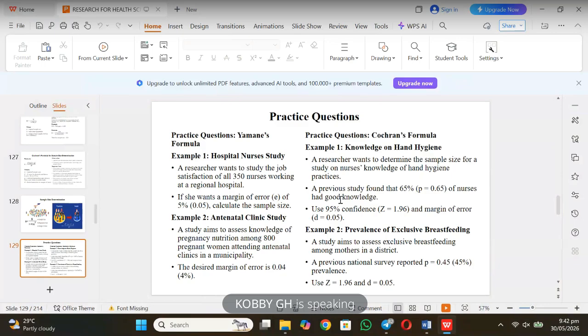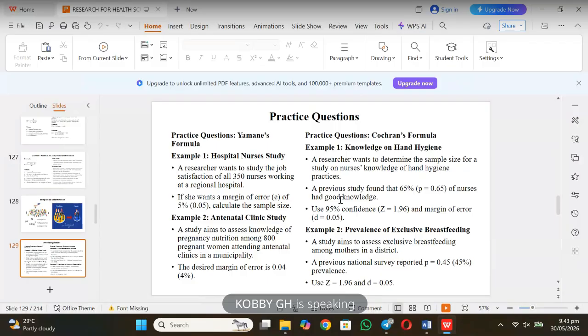What I'll go and do is that, my study is measuring the knowledge of level 301 students on, let's say, infection prevention. I'll go and look for another research where they also conducted a study among nurses and measured knowledge of nurses on infection prevention. Then I'll pick the prevalence that they had, the proportion from there. So I'll check, okay, maybe in their study, they said 60% of the nursing students had knowledge.